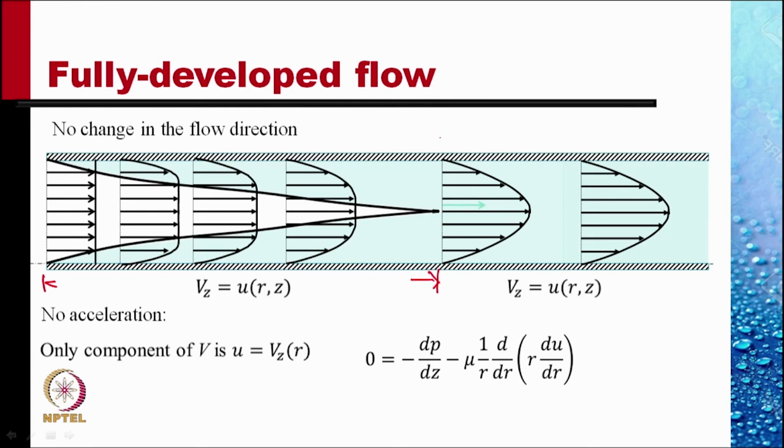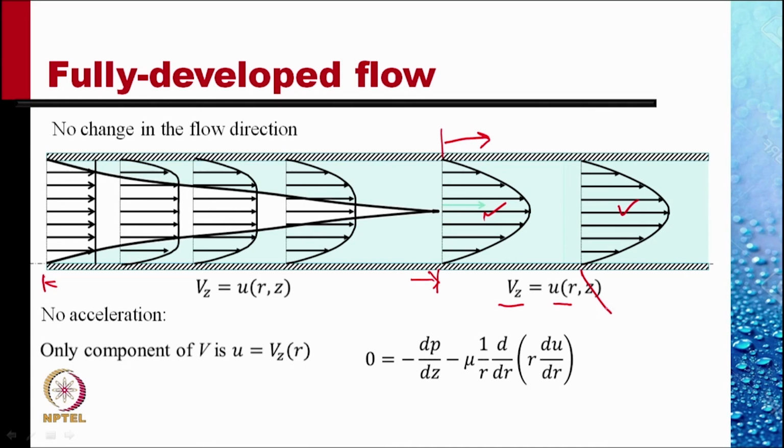Beyond this entrance length, the flow can be taken as fully developed. So this velocity profile is the same as this velocity profile. There is only one component of velocity, Vz, and it is a function only of r. It is not a function of z.